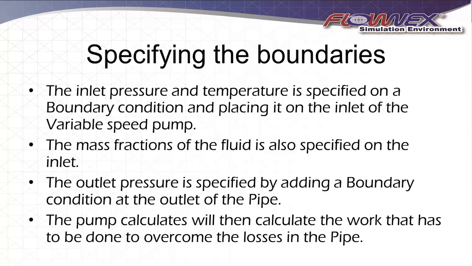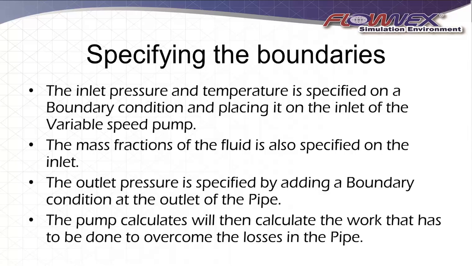The final step is to specify the boundaries. At the inlet of the pipe, a pressure of 100 kPa will be specified with the slurry mixture at a temperature of 20 degrees Celsius. Then we will have to specify how much of the mixture consists of water and how much are represented by the slurry particles.